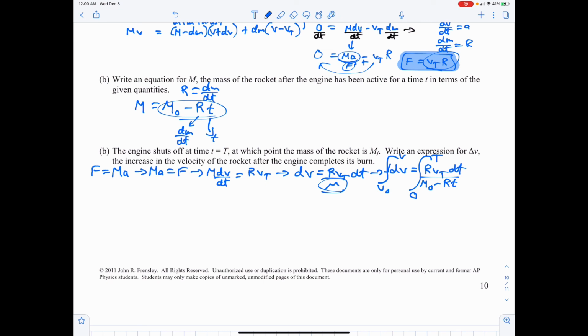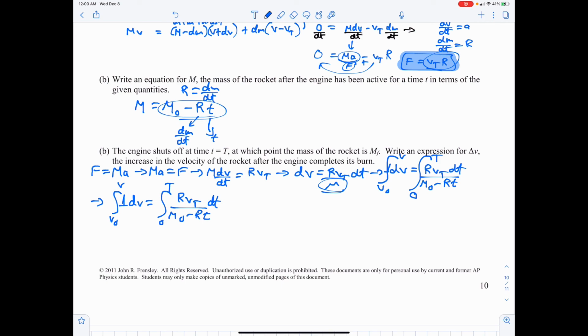The right integral is going to take some work, and we're going to use U-substitution. So the integral of 1 dv from v naught to v is equal to the integral from 0 to t of R vt over m naught minus Rt with respect to t.